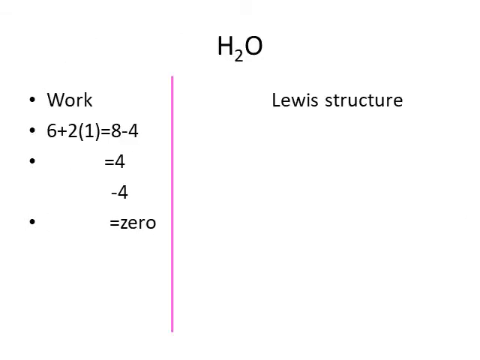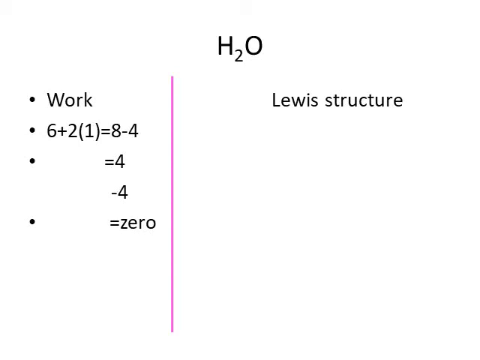The third example is water, H2O, where oxygen is the central atom that has 6 electrons in its outermost energy level. And the two hydrogen atoms each have only one electron, so the total number of electrons becomes 8.